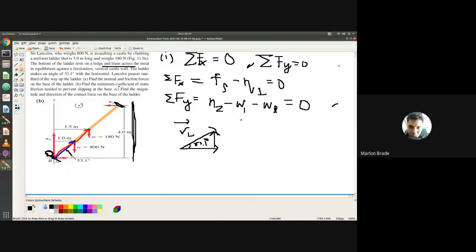Can I solve the normal force yet? Not yet. So, what is R sub L? I don't know how far it is, but if we assume the ladder is 5.0 meters long and uniform, then its center of mass is at the center, the middle.